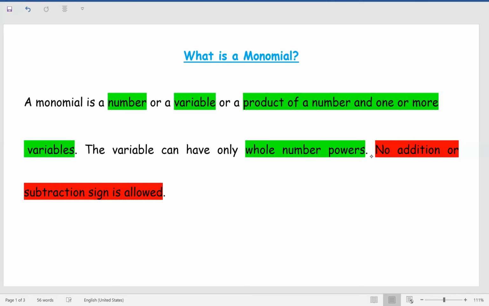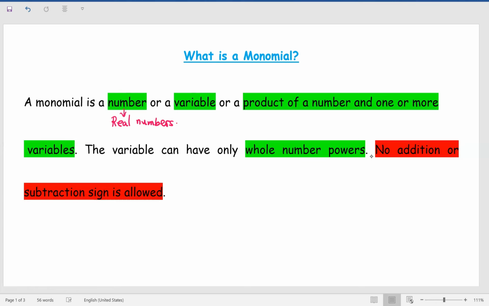Okay, so now let us understand what a monomial is. A monomial is a number. When we say number, we mean real numbers. When we say real numbers, we mean negative numbers, positive numbers, zero, fractions, decimals, all numbers.